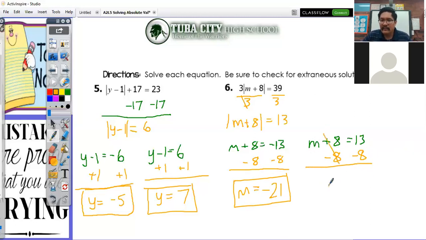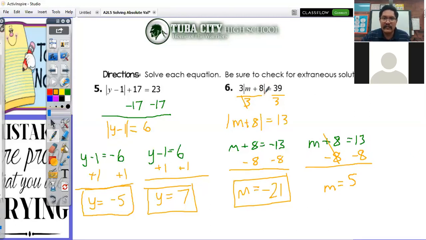Okay, minus 8 from both sides, so this cancels. M equals, and then 13 minus 8 is going to be 5. And let's plug 5 back in and see what happens. So 5 plus 8 is 13. Absolute value of 13 is 13.